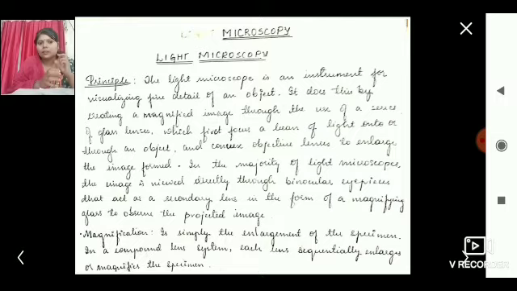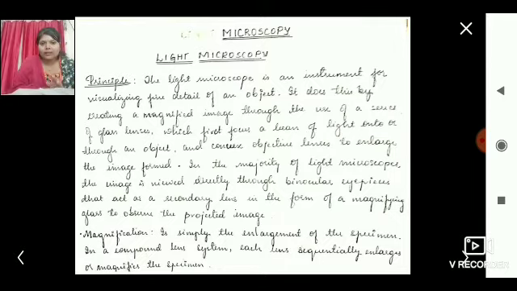In the majority of light microscopes, the image is viewed directly through binocular lenses or eyepieces, which act as a secondary lens, forming a magnifying glass to observe the projected image.